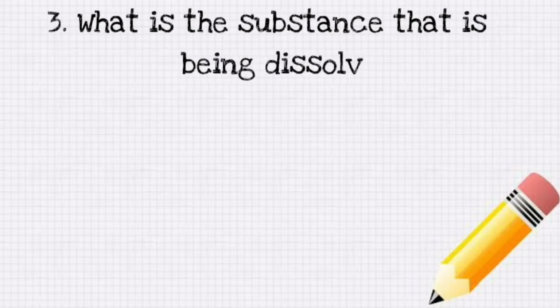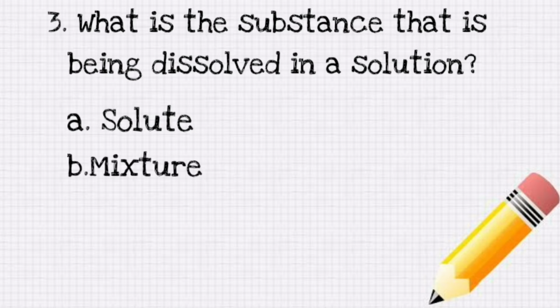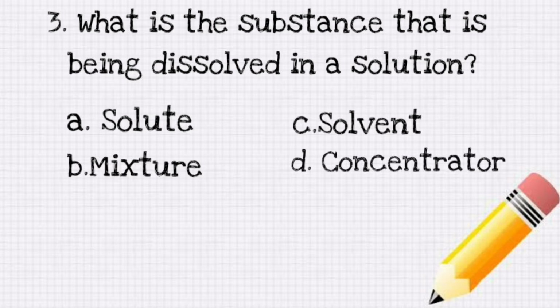Number 3, what is the substance that is being dissolved in a solution? A. Solute. B. Mixture. C. Solvent. And letter D. Concentrator.